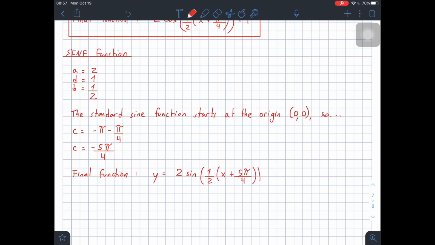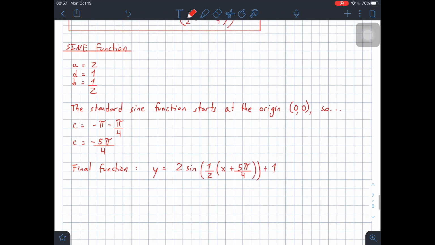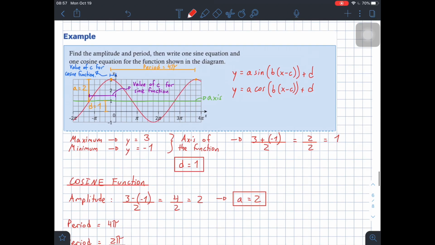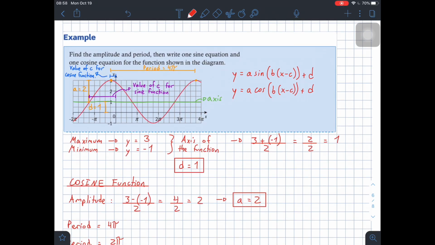And this is all plus D, which is 1, plus 1. Okay, so this is a complete sine function that represents this graph over here. So you see that for any type of trigonometric function, you can find either the sine or the cosine function. The values are the same. The only thing that varies is actually the value of C.